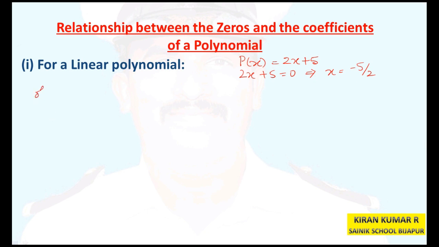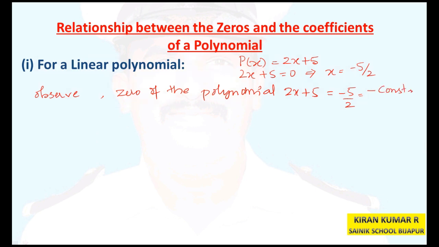Observe, the zero of the polynomial 2x plus 5 is minus 5 by 2. It's very clear. Compare this. It is minus the constant term divided by the coefficient of x.